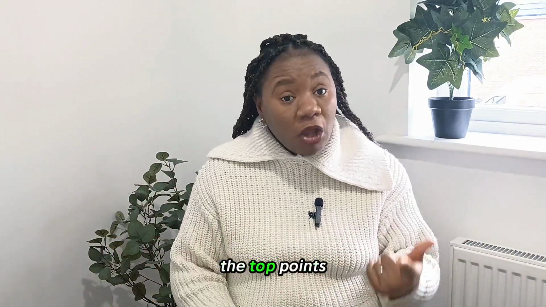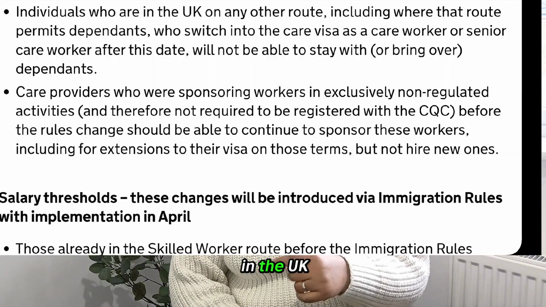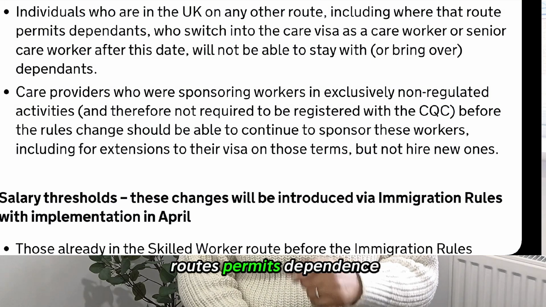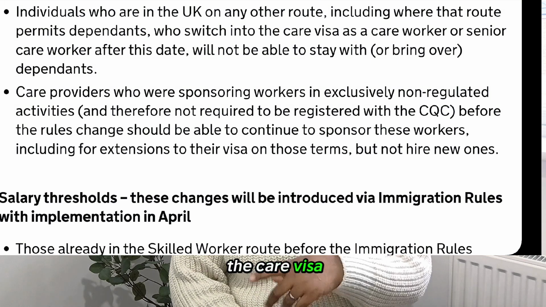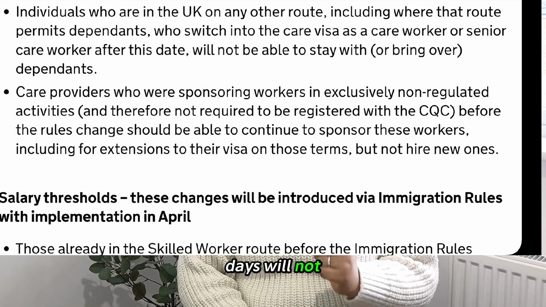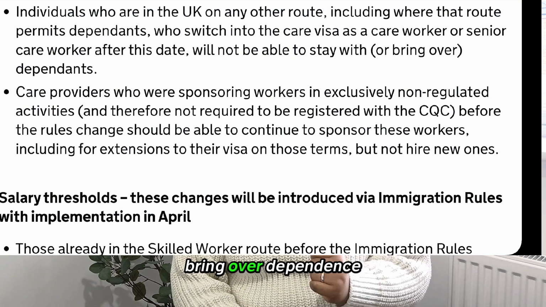That's that. The third point which they have brought out here is individuals who are in the UK on any other route, including where that route permits dependents, who switch into the care visa as a care worker or senior care worker after this date, will not be able to stay with or bring over dependents.